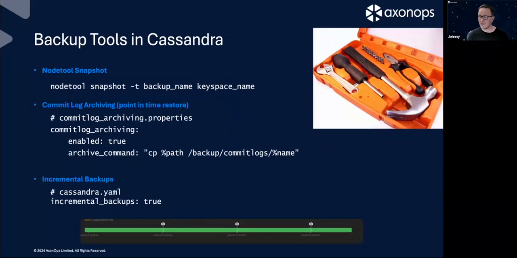Cassandra itself has built into it some great features to help you take backups that you'd expect any database to have. The first one that most people are probably familiar with is snapshots. There's a command utility shipped with Cassandra called nodetool, where you can call nodetool snapshot, giving it a tag name if you like, and telling it what to back up: your whole cluster, a keyspace, a table, whatever you like.